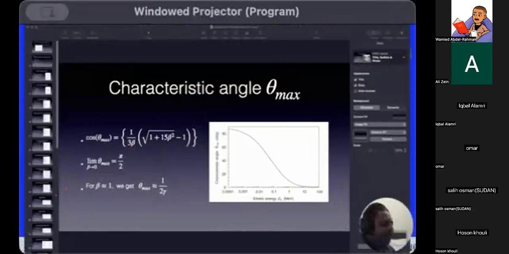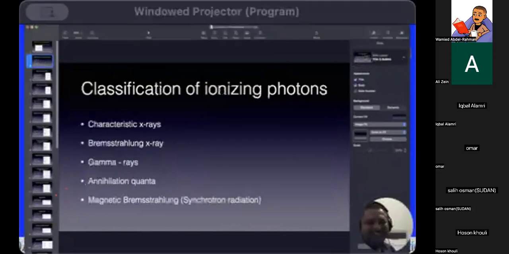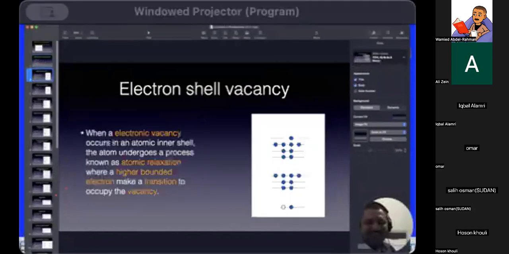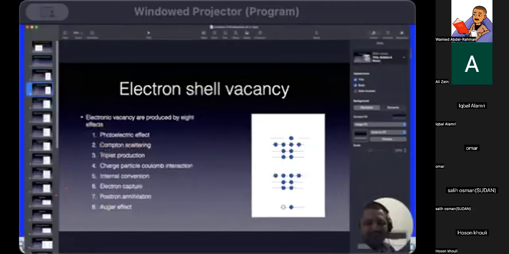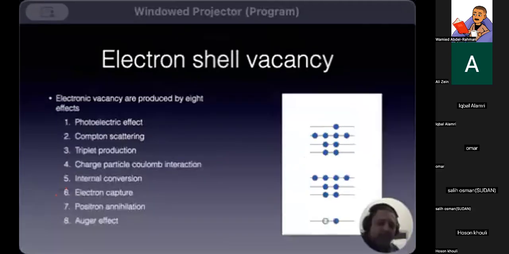So I have a new toy and I'm playing with it. These are the eight effects that produce a vacancy. These three definitely I'm going to cover, because I'm going to talk about photon interactions. This one also I'm going to cover, because I'm going to talk about charged particle interactions in matter.